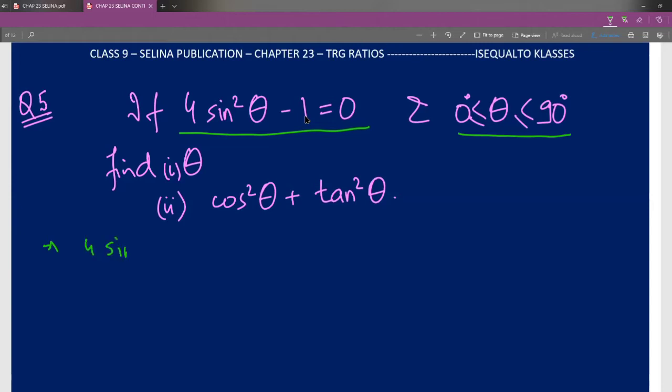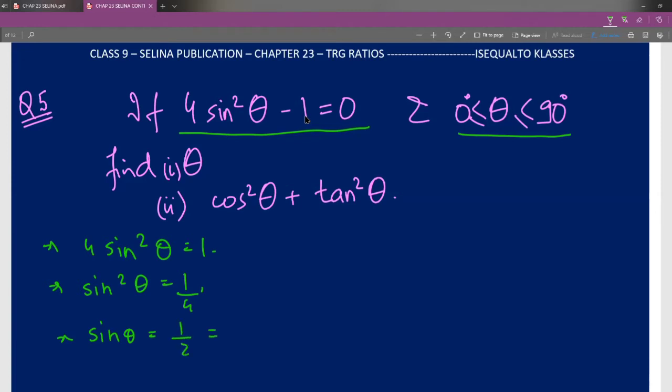So let's solve 4 sine square theta minus 1 is equal to 0, which can be written as 4 sine square theta is equal to 1. Now over here there is no multiplication symbol, so I can write that as 4 into sine square theta, that can be written as sine square theta is equal to 1 upon 4. So again the square in the LHS goes to the RHS and becomes root. So therefore sine theta is equal to root of 1 upon 4, that can be written as 1 upon 2.